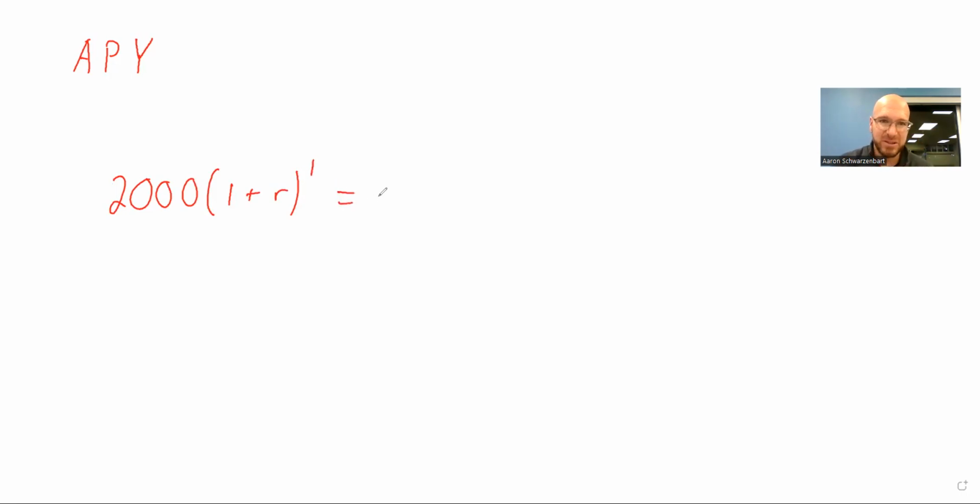And then on the other side, we do it with our rate of 0.0515. Quarterly is 4 for the N to the 4 times 1.